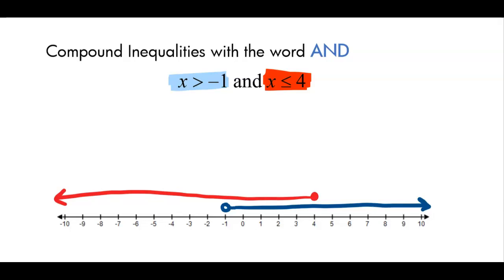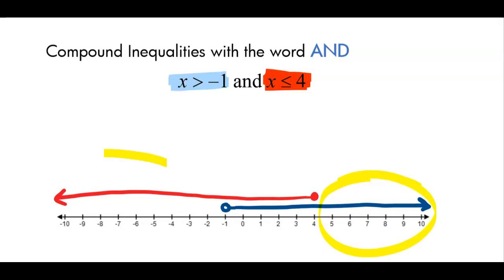This compound inequality is saying both of these two things have to be true. It's like when you're in two different clubs. So we have numbers way out in this area that are in fact greater than -1, but are not less than or equal to 4.